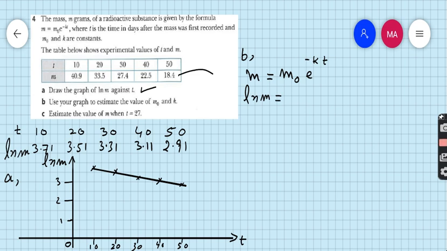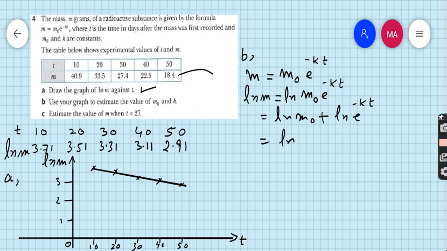If we take ln on both sides, it gives ln m is equal to ln of m naught e power minus kt. Then ln of a product should be converted into addition: ln m naught plus ln e power minus kt.